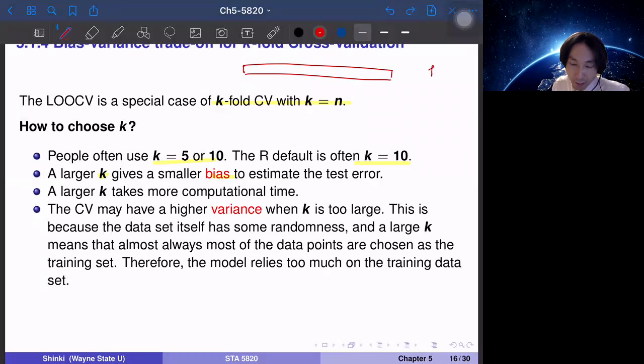If k is equal to 10, then 90% of observations are in the training set and only 10% in the test set. If we use 90 observations, then we can avoid most problems. So it's a very similar situation to using all 100 observations. I think this slide is a little bit hard to interpret.